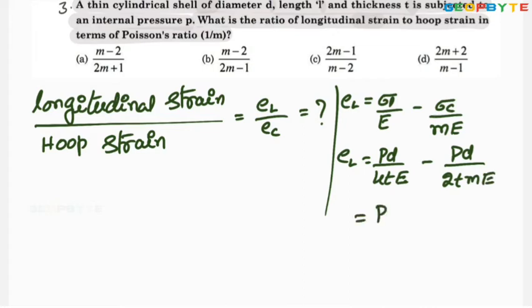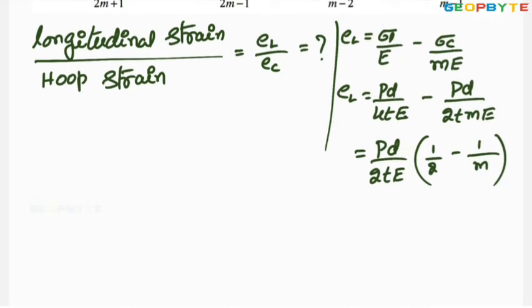From this you write the PD by 2T outside. It is 1 by 2 minus 1 by m. It can be also written as PD by 2TE into (m minus 2) by 2m.